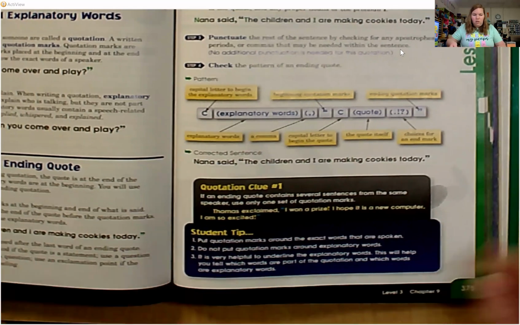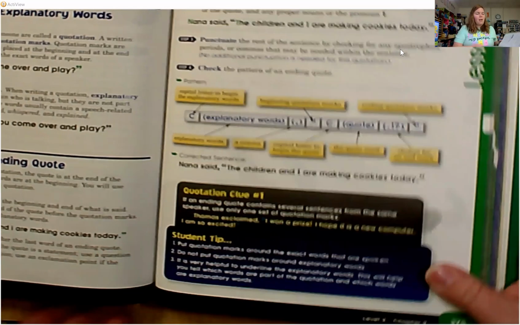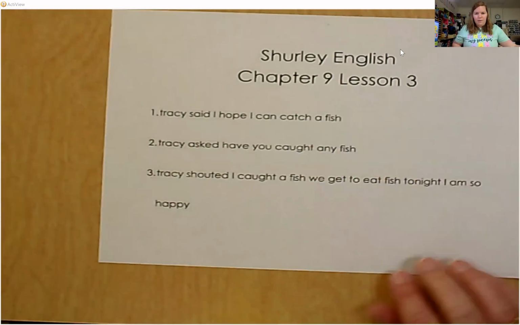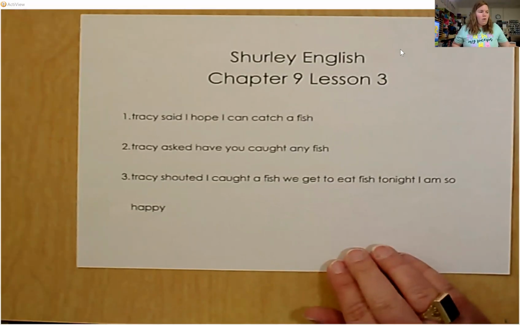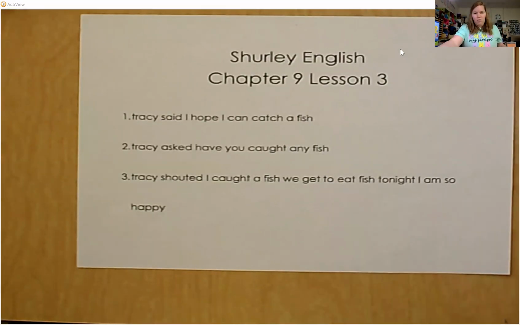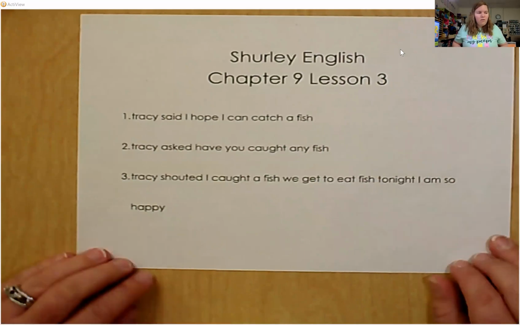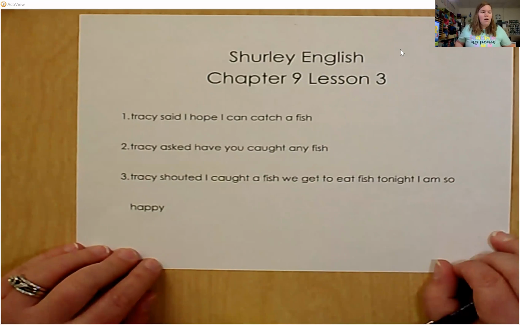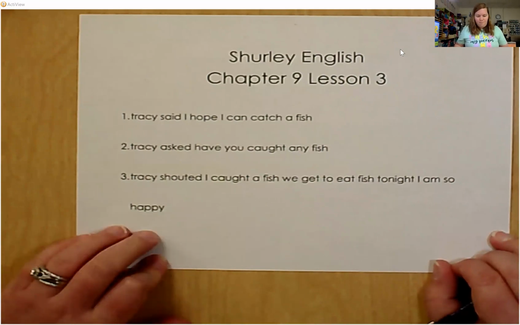So now we're going to do some practice. Please get out your other Chapter 9, Lesson 3 worksheet. We are going to do just as it said in the tips. We are going to underline the explanatory words, and then we are going to make any corrections. We're going to capitalize letters and add punctuation, okay?